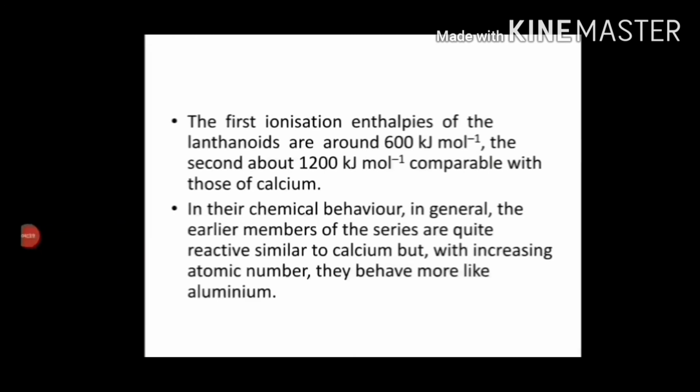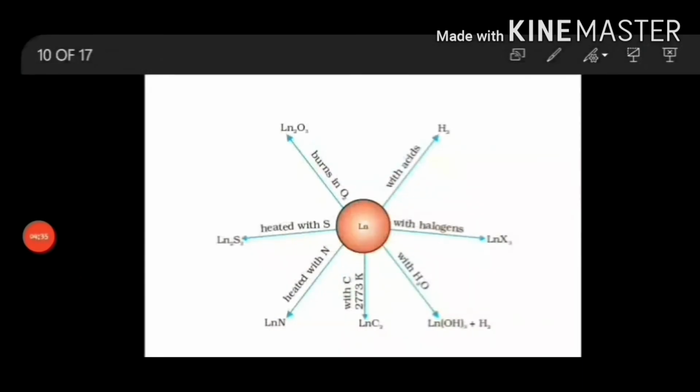In their chemical behavior, in general, the earlier members of the series are quite reactive, similar to calcium, but with the increase in atomic number, they behave more like aluminium. Many lanthanoids react with carbon to form salt like carbides, and with hydrogen to give salt like hydrides.